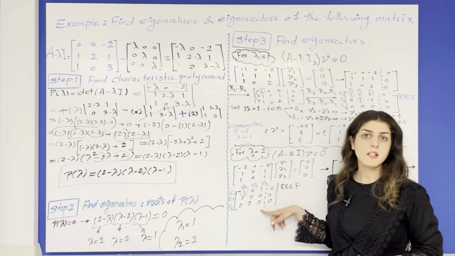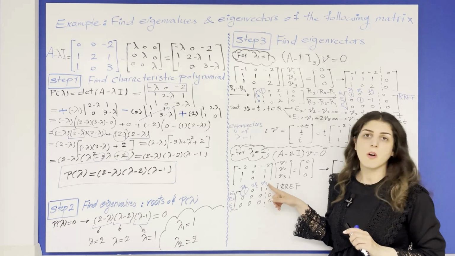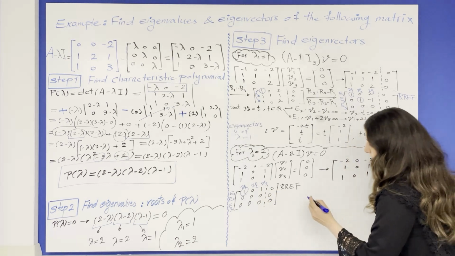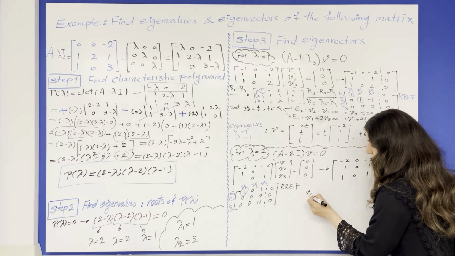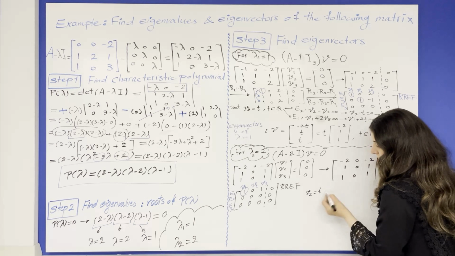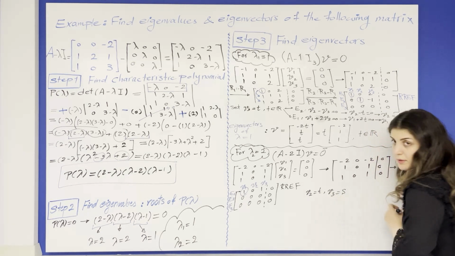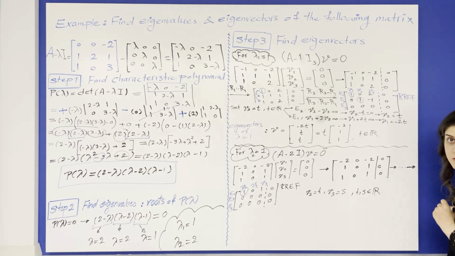So there is no leading entry in rows 2 and 3, which means that the other variables are free variables. So I set V2 to be T and V3 to be some other parameter S. So T and S are in R, right?